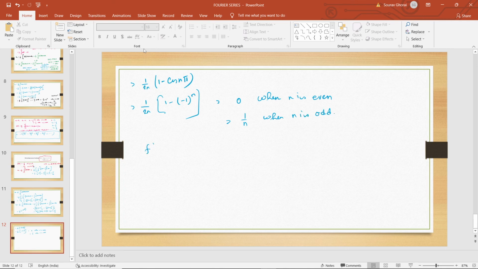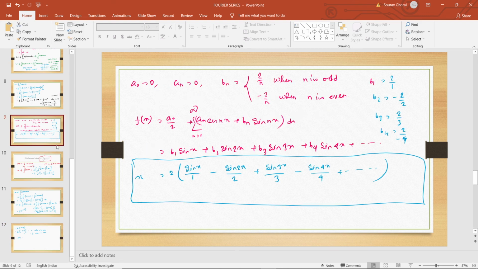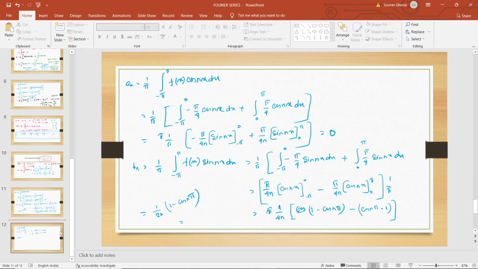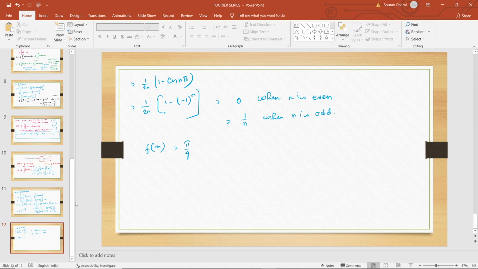So now the Fourier series is of the form f of x, where the value of a0 is pi by 2, so a0 by 2 is pi by 4, an is 0, and bn gives sin x by 1 plus sin 3x by 3 plus sin 5x by 5 and so on.